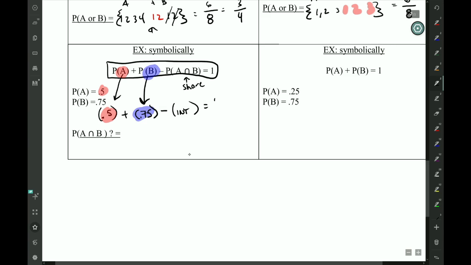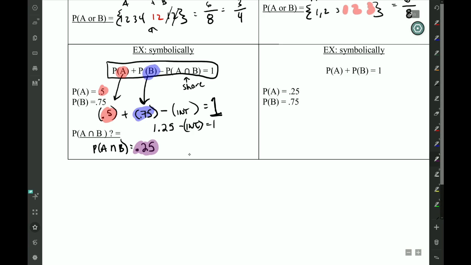It's got to equal 1. So I actually have everything filled in there. Well, 0.5 plus 0.75 is 1.25 minus the intersection equals 1. Well, if I subtract that, that means the intersection must be 0.25, or P of A intersect B is 0.25. So that is symbolically what it's saying. It's saying the intersection, since it has to equal 1, they must be doubling up 0.25.